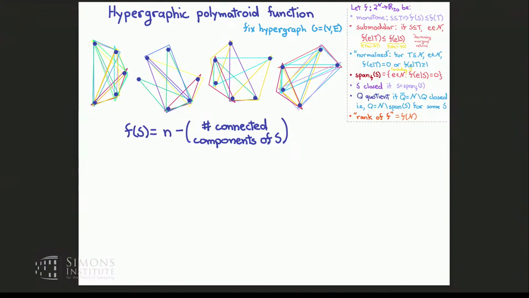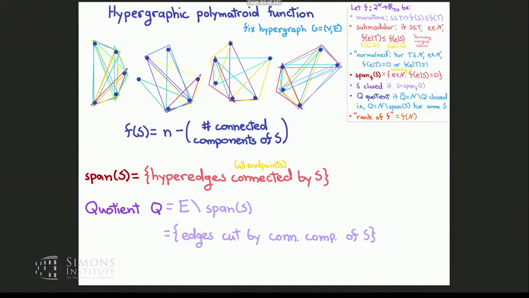You can imagine taking a hyperedge and replacing it with all the regular undirected edges and looking at those connected components in the regular graph. So the span of some set of hyperedges is, again, the set of hyperedges where all the endpoints are already connected by your set. And then the quotient will be the edges that are going across connected components. And again, actually, the rank is n minus 1 if G is connected.